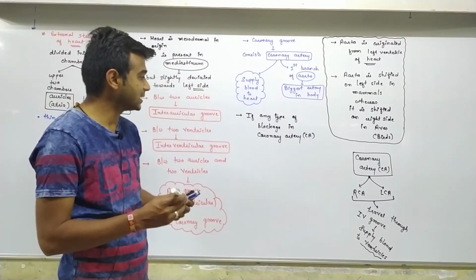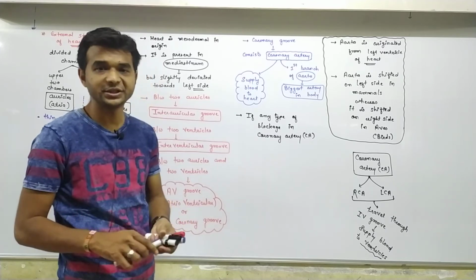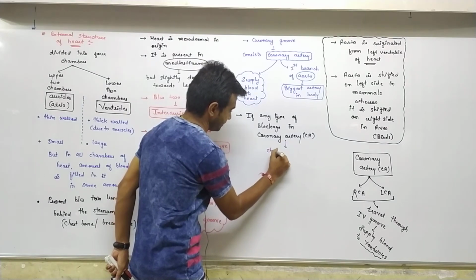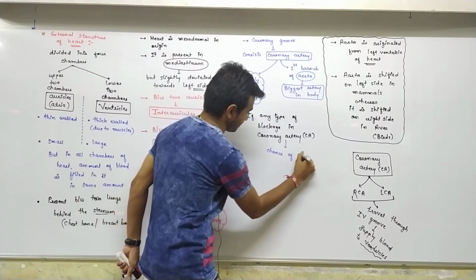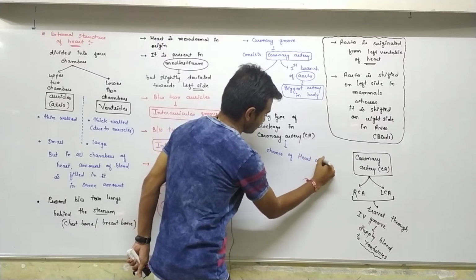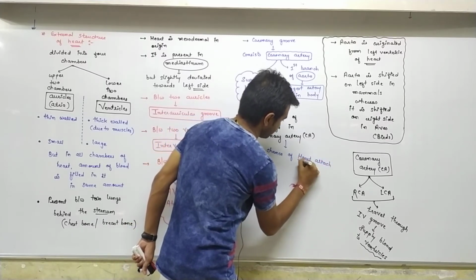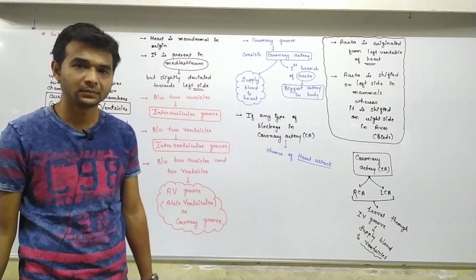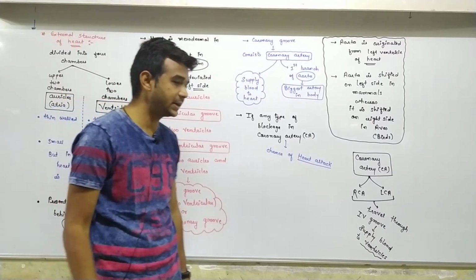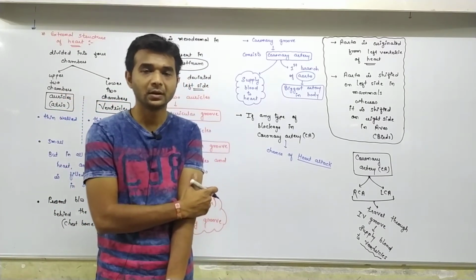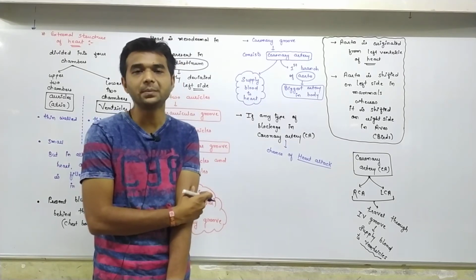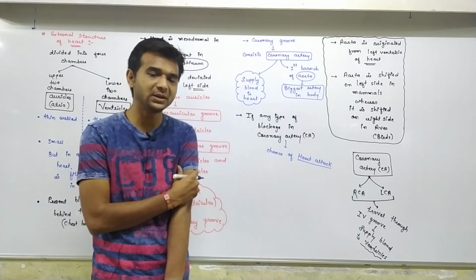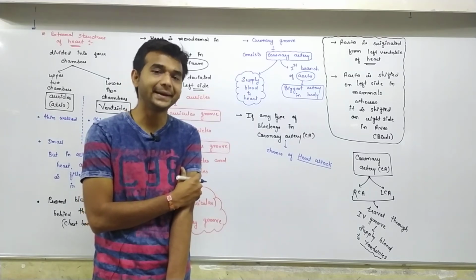So blockage occurs here, yes, chance of heart attack, or you say myocardial infarction. Improper oxygenated blood supply to the heart muscles leads to spasm in the muscles, causing the heart attack.